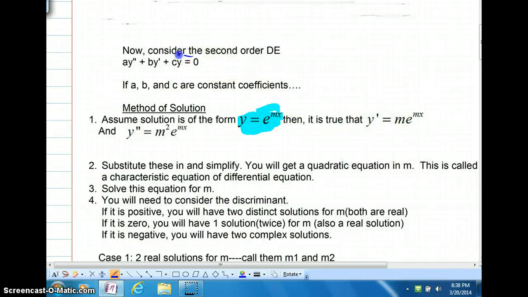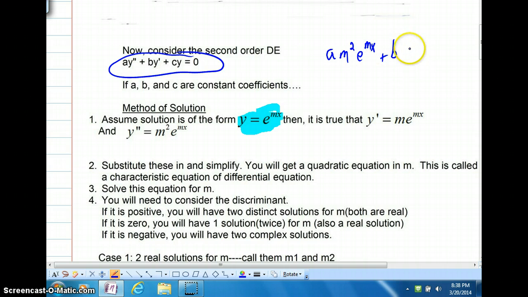If we were to substitute those into this original differential equation, our y double prime is m squared e to the mx. Here we have b, but our y prime would be m e to the mx. And then we'd have plus c times y, but we're assuming that we'd have e to the mx equals 0.